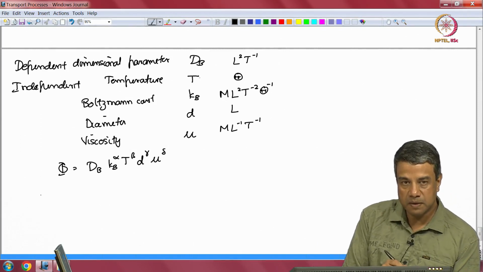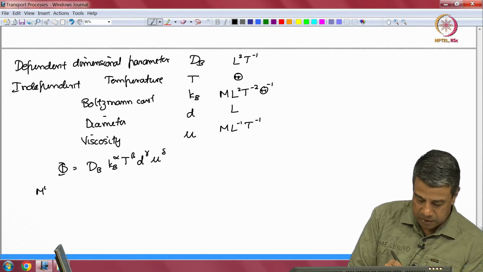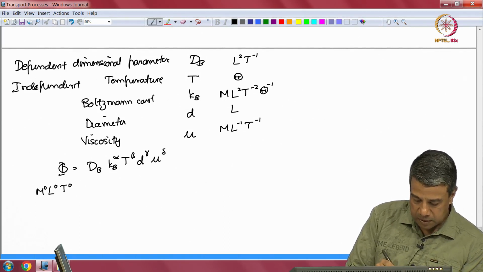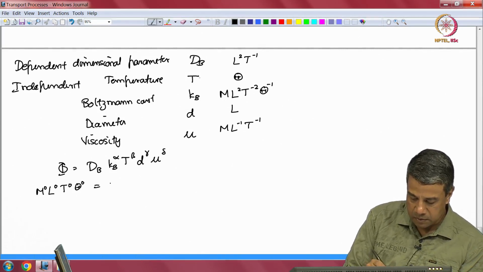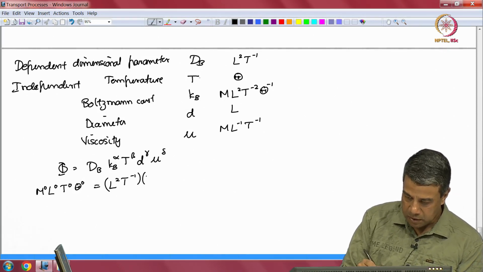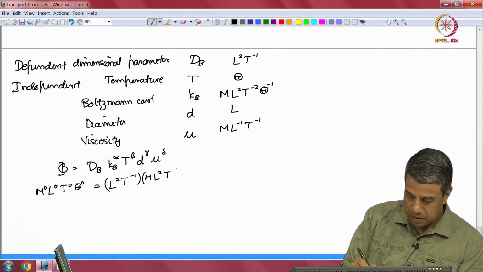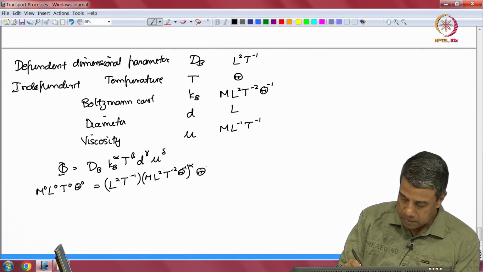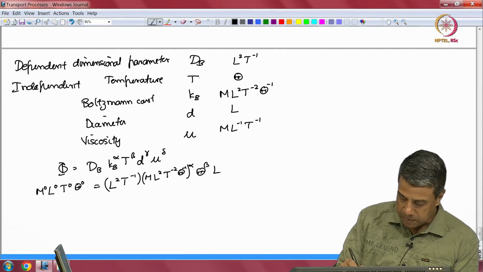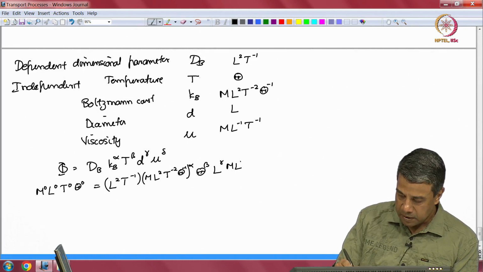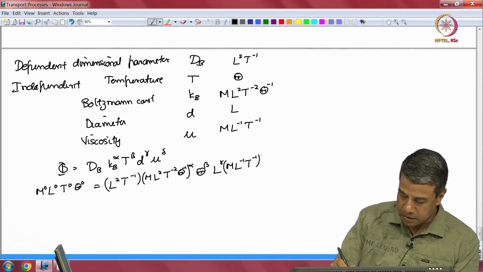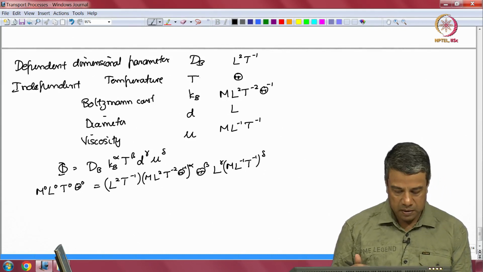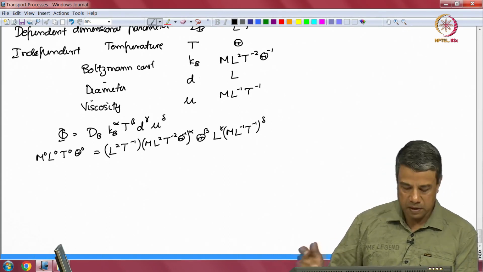On the left is a dimensionless group, m to the 0, L to the 0, T to the 0, theta to the 0 is equal to L square T inverse into m L square T power minus 2 theta inverse to the power alpha, times theta to the power beta times L to the power gamma times m L inverse T inverse whole power delta. And now I collect all the dimensions.